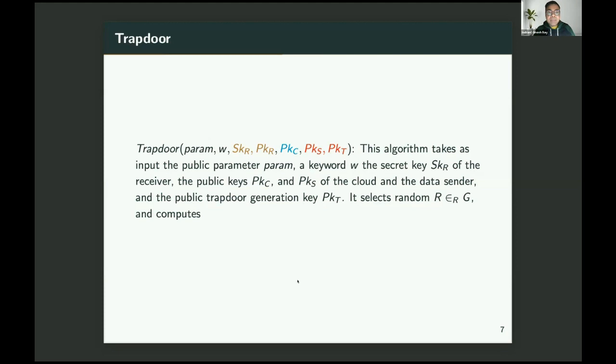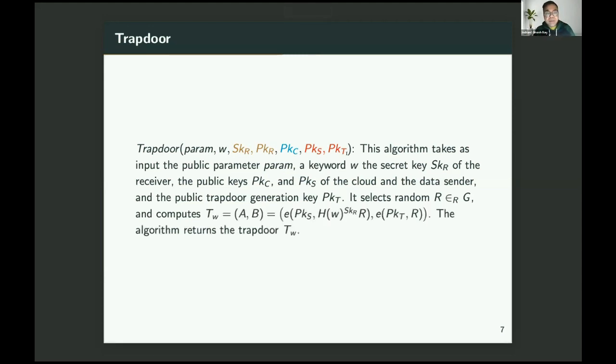Searching is done by the user whose keys are coming in brown. And where is he searching? In a cloud. The public key of that cloud is coming in cyan. And what he's searching is data encrypted by the data owner, and the keys of those owners are coming in red.